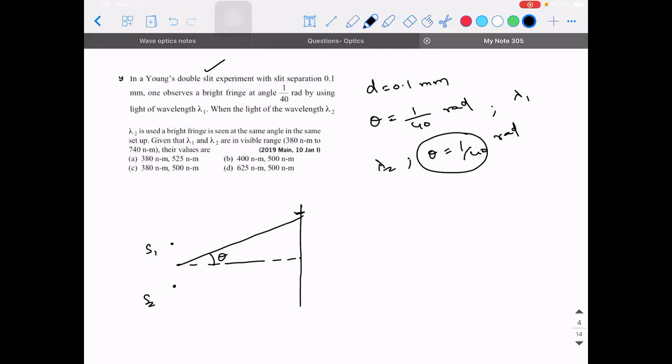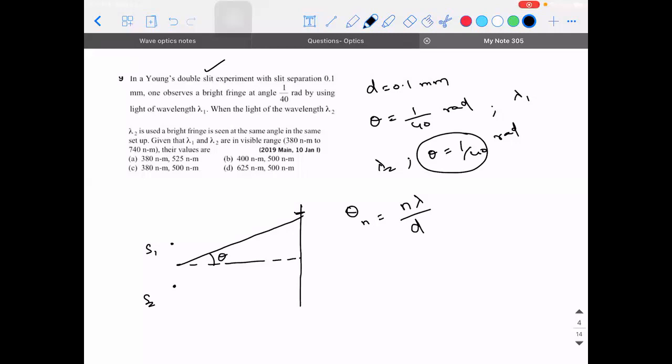So what is the condition? What is the angle subtended at the center by the nth bright fringe? Is it not n lambda divided by small d? Yes, sir.